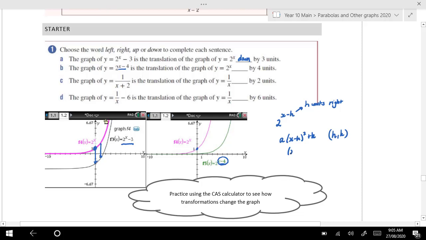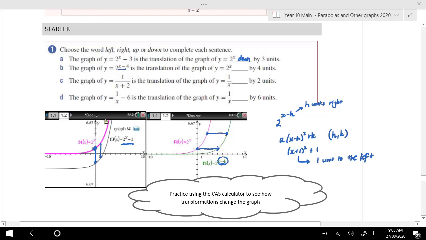If this was x plus something though, like if it was something like that, then we've actually moved that 1 unit to the left. Okay, so that's the tricky one, in sort of the opposite sign, the opposite direction to what you think. Okay, so this one has moved everything to the right 4. This point here has been moved to the right 4 units.